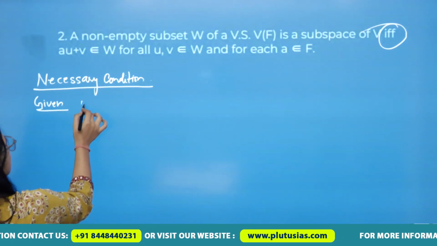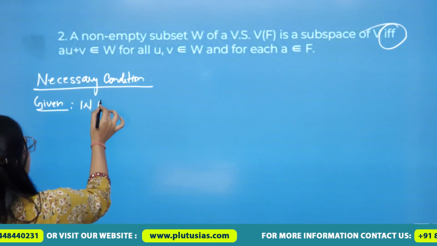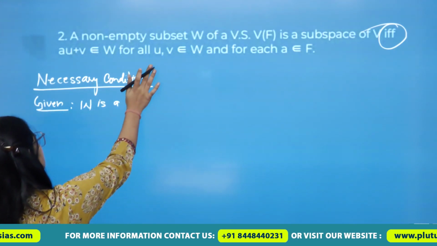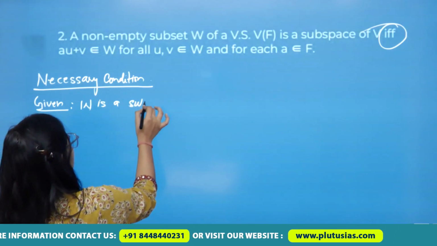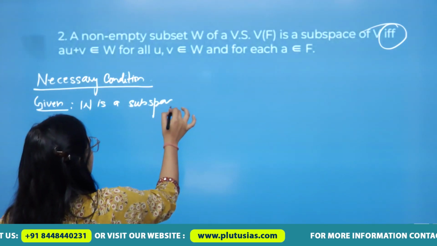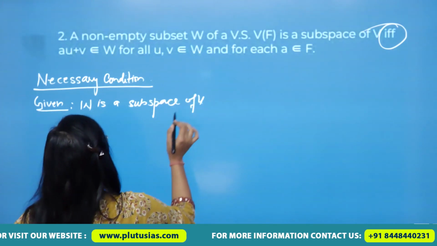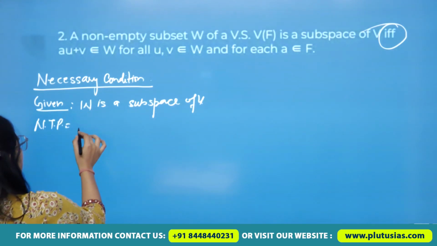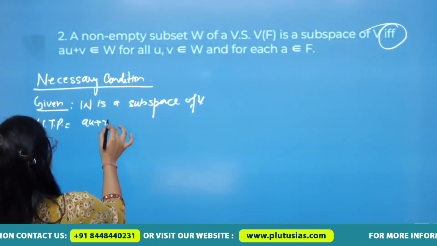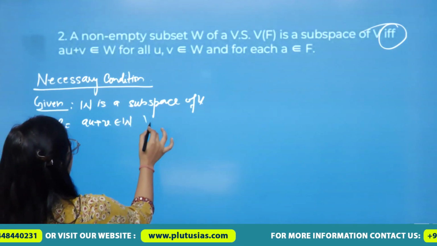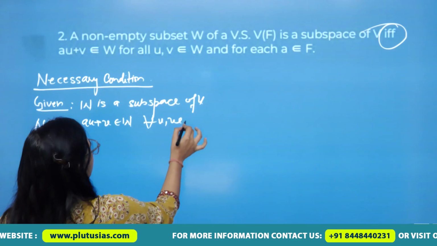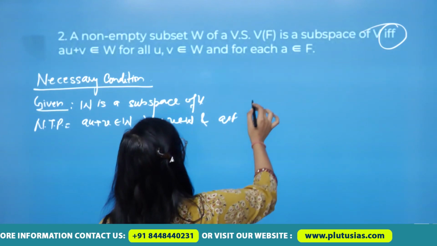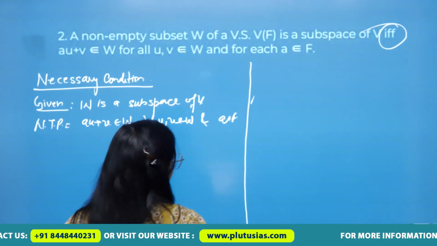Given W is a vector subspace, or simply subspace is also okay, of V. What do we need to prove? au plus v should belong to W for all u, v belonging to W, and for each a belonging to F, right? Here we will prove the second part on this side. Sorry.